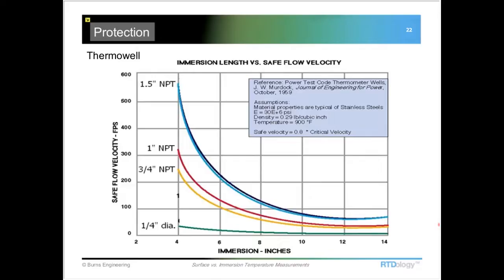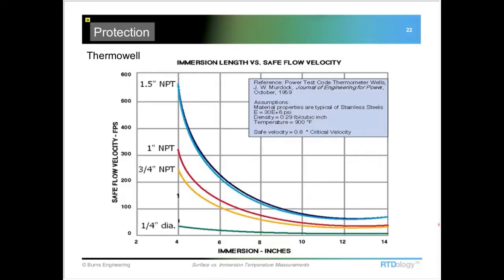As the flow is going by a cylindrical object, it'll start to have what they call vortex shedding, and these vortices oscillate at a certain frequency, and if that frequency matches the resonant frequency of the sensor, it'll start to vibrate. And it can only handle so much of that before the sensing element fails or the sensor actually breaks off. And I've seen both of those things happen for systems that were not designed correctly.